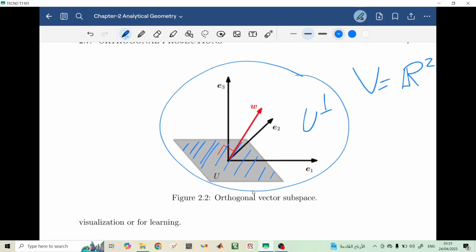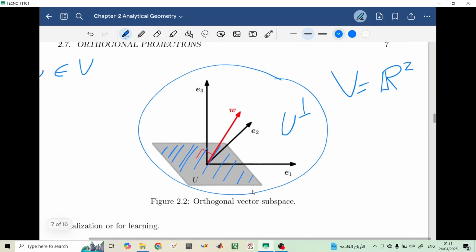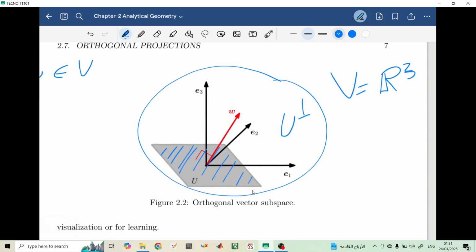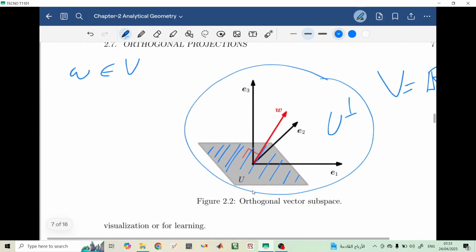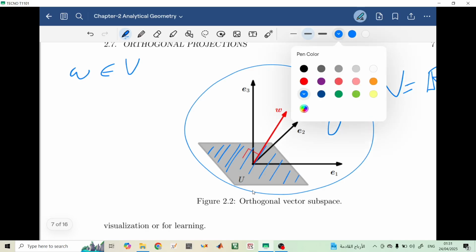W belongs to V, right? It belongs to the 3D space, so this should be R3. Here you can see that we can find a component of w that belongs to U. Let's change the color, let's make it orange.